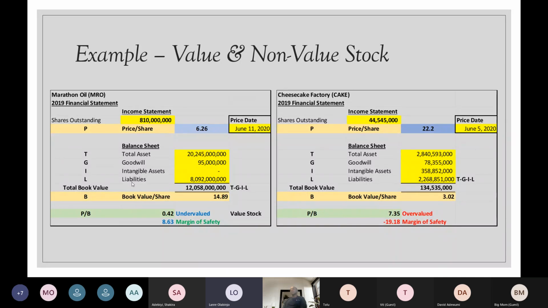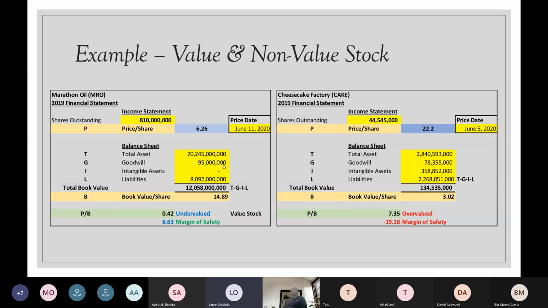Then you go to the balance sheet for the company and pull these items: the total assets of the company, the goodwill of the company. Another way to think about goodwill is the name the company has in the market. It's not really brand. It's related to brand, but it's not brand. Goodwill is actually an accounting value, and numbers can be associated with goodwill.